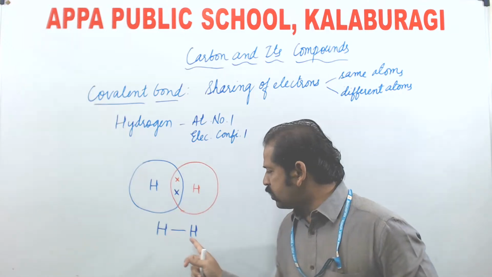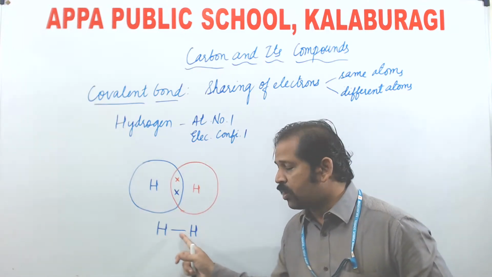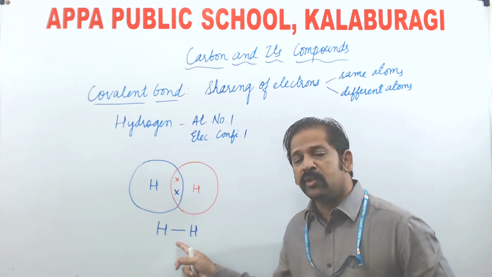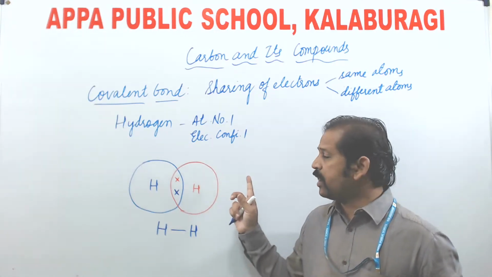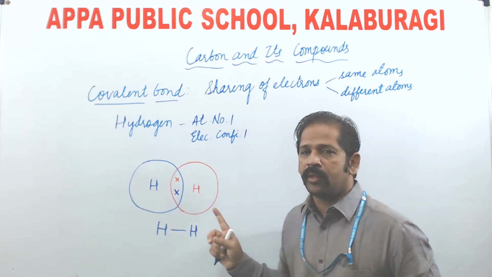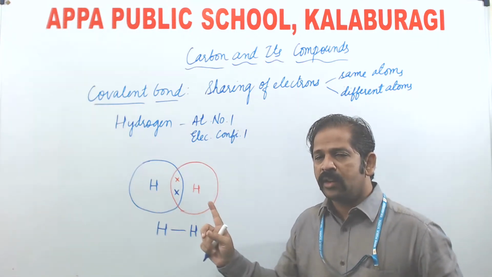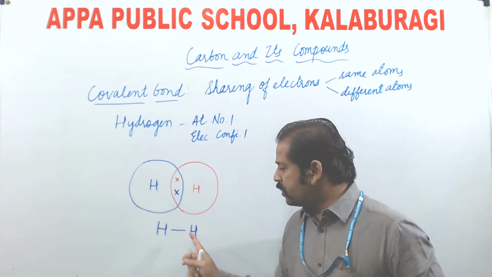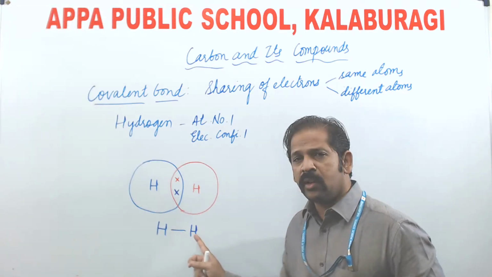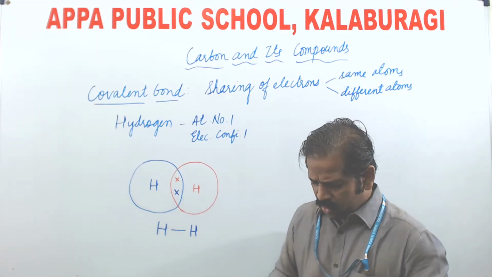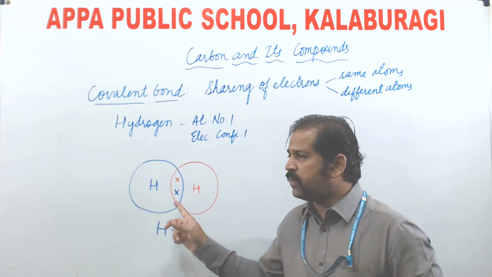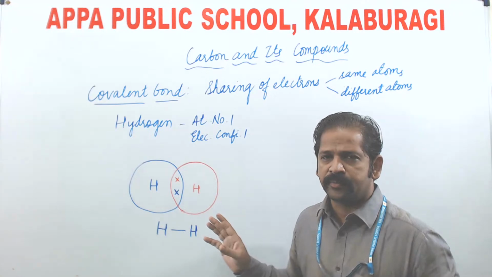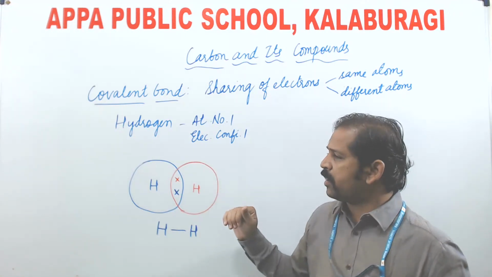Yes, between the two hydrogens there is a single bond, and there should always be a single bond for hydrogen whenever it is sharing an electron. I repeat, there should always be a single bond for hydrogen whenever it is bonding with any atom of an element.